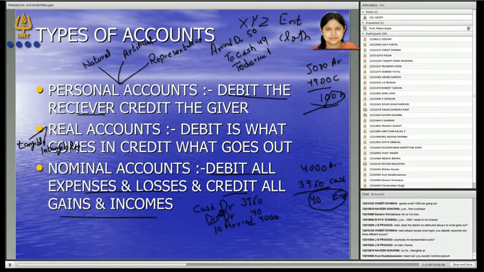Intangible accounts: copyrights, patents, goodwill, IPRs, they're all intangible. All the journal entries are clear.